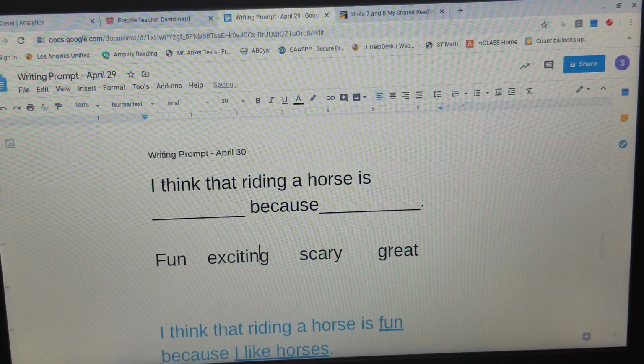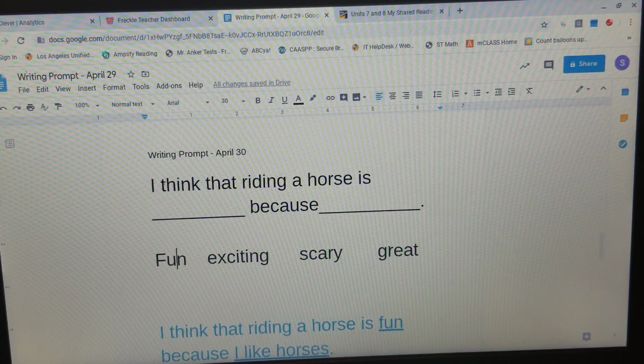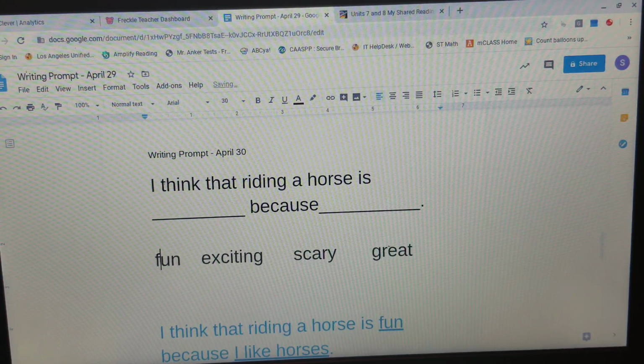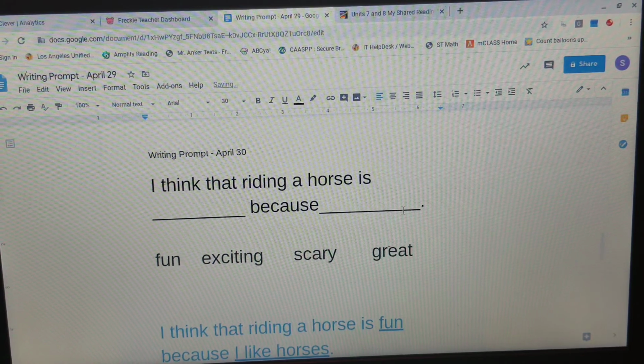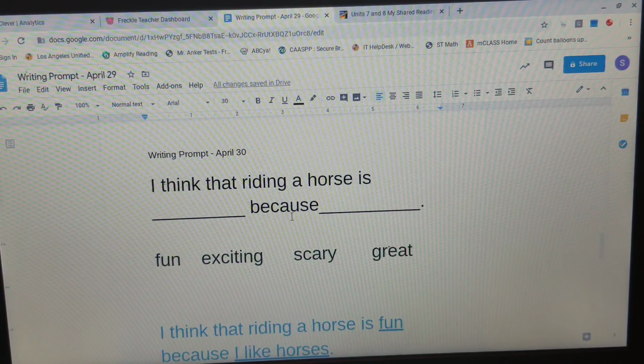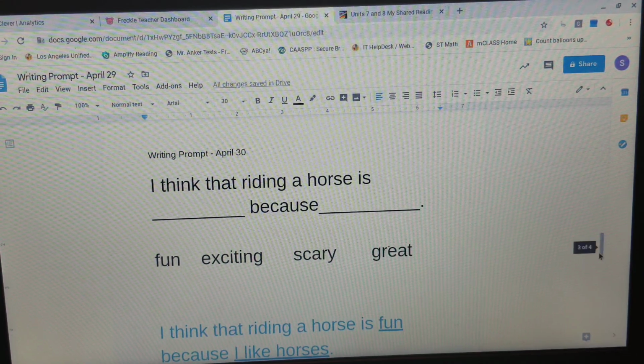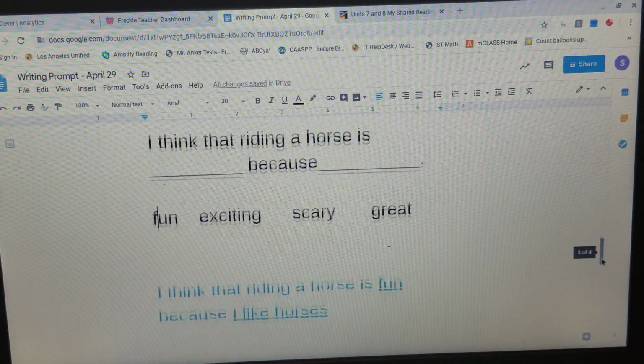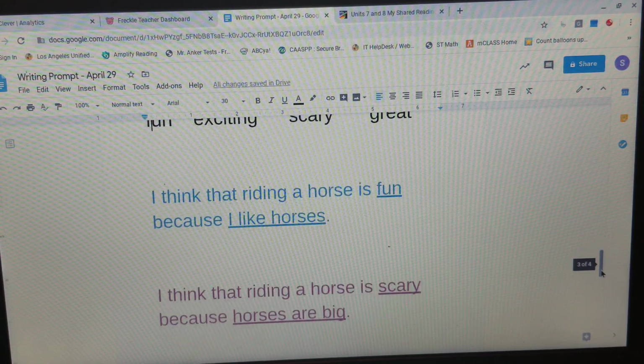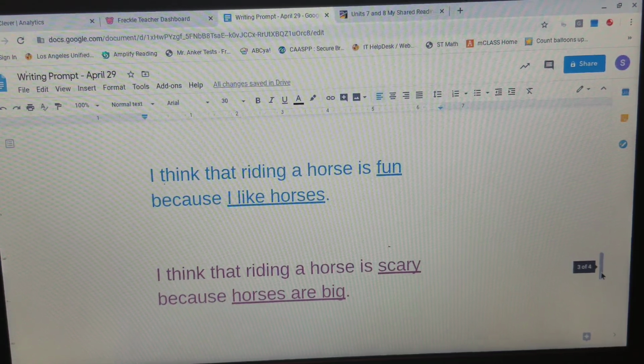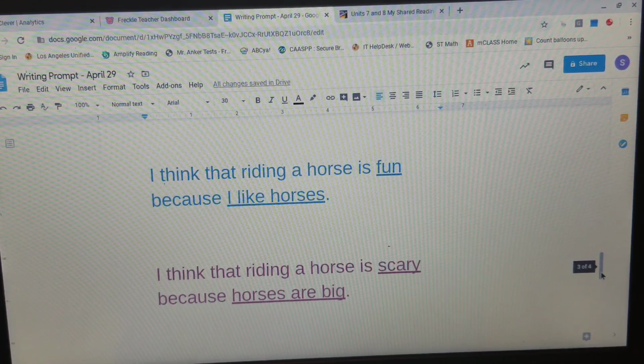Then you have to tell why, because remember, we talked about this before, because gives a cause, it gives a reason. So you have to say what that reason is. I have two examples. I think that riding a horse is fun because I like horses.